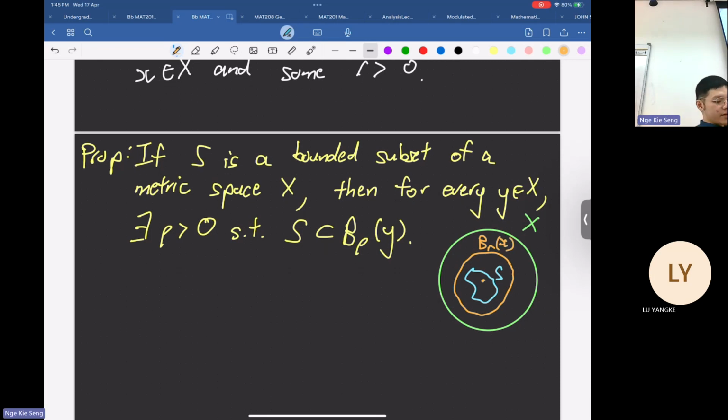Then it says that for every point, no matter where my point stays in the metric space, you can build a ball that can eat S again.